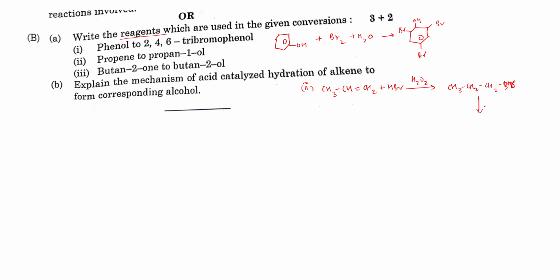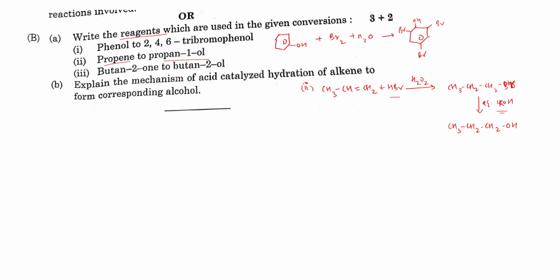When this 1-bromopropane undergoes substitution with aqueous KOH, it gives CH3CH2CH2OH. So we converted propene to propan-1-ol. The reagents required are HBr and H2O2, meaning anti-Markovnikov addition, followed by nucleophilic substitution by aqueous KOH.